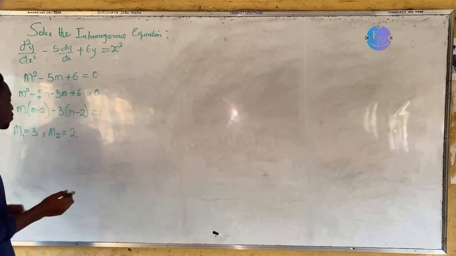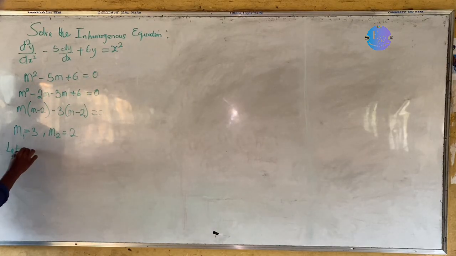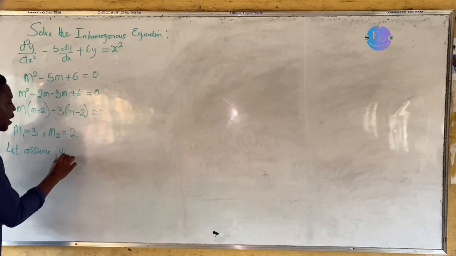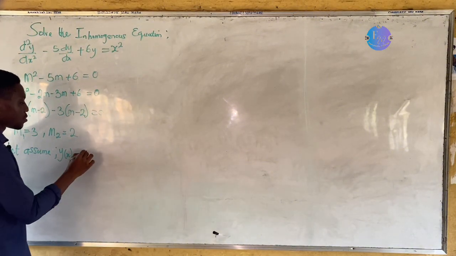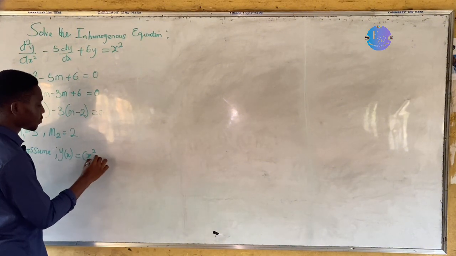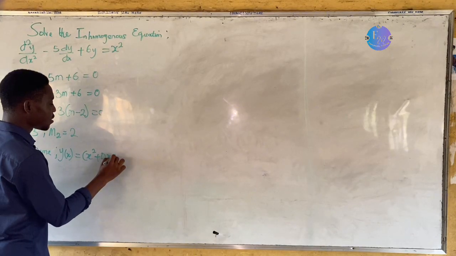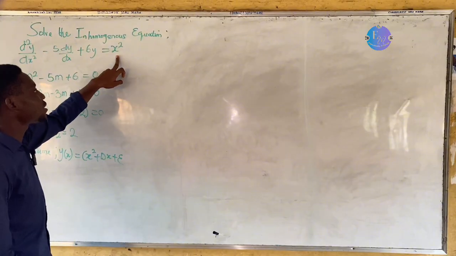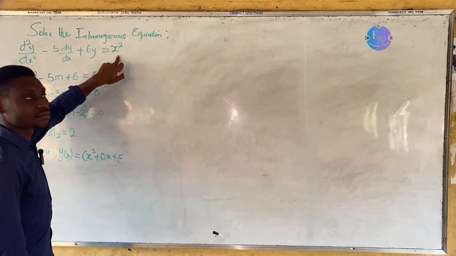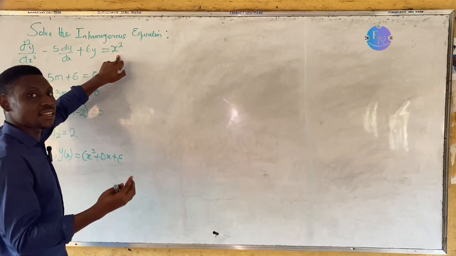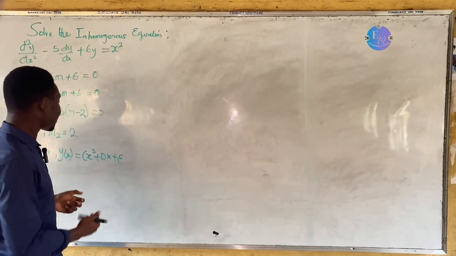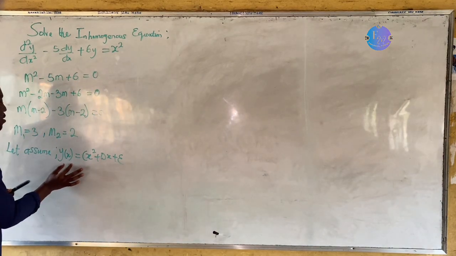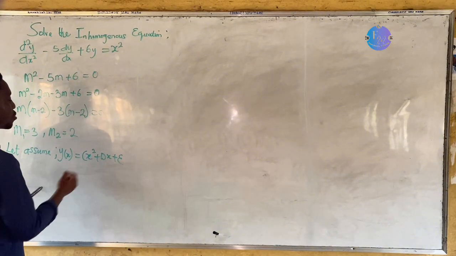Now let's assume that y of x is equal to cx squared plus dx plus e. If you look at the right hand side, this is quadratic, so the power reduces by 1. That is why we have this. Now we want to differentiate y with respect to x.